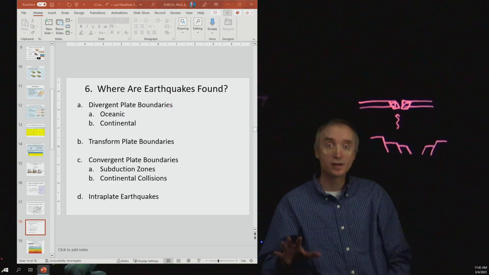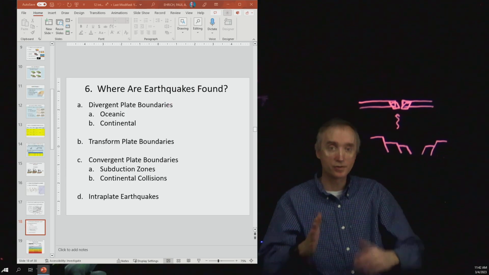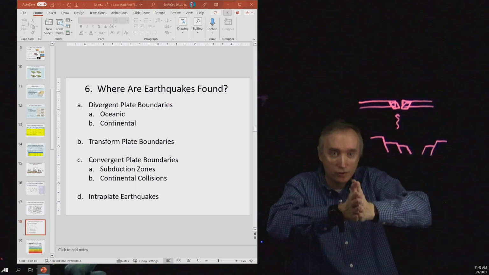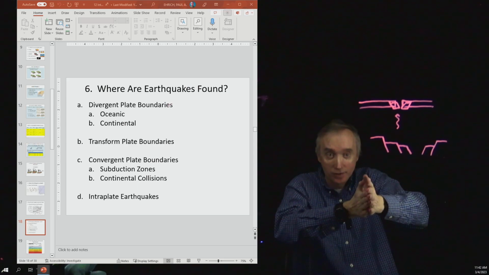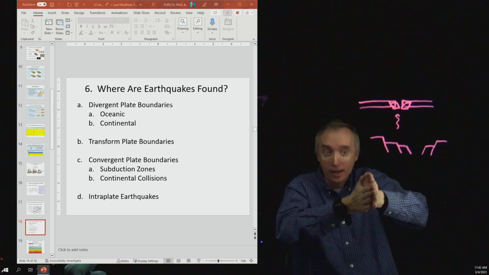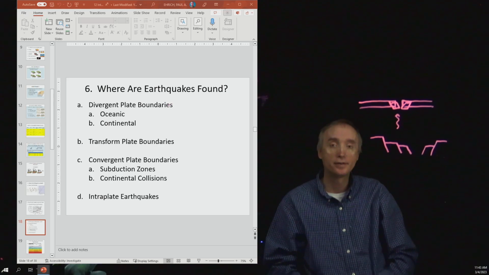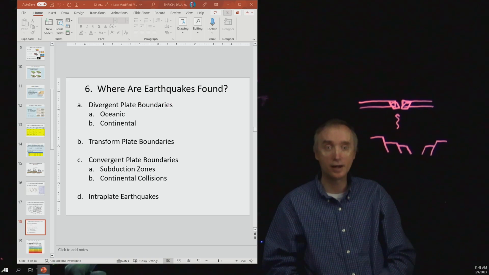And so this can generate significant earthquakes because there's a lot of force that's pushing those two plates together, and then also a lot of force that's trying to get those two plates to slide past each other. And then when they finally do break, that's going to release a tremendous amount of energy. So at transform plate boundaries, you can have significant earthquakes.